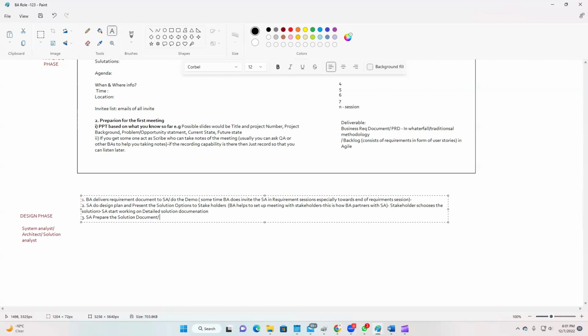Okay, sometimes that is also called a functional requirement document, or FRD, or system specification document, SSD, or simply specification document.